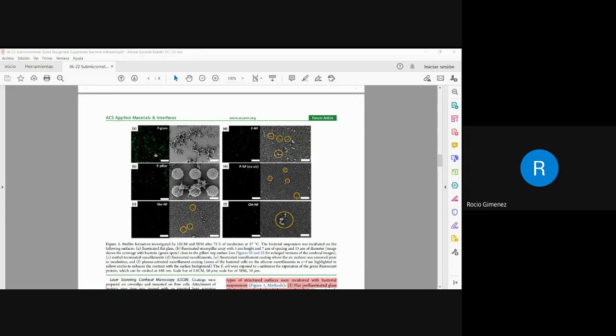And after 72 hours, 3 days of stationary incubation, the perfluorinated flat glass was covered with several 3-dimensional microcolonies and showed a large number of bacterial colonies separated by regions almost free of bacteria.